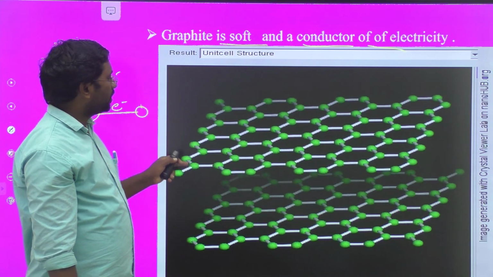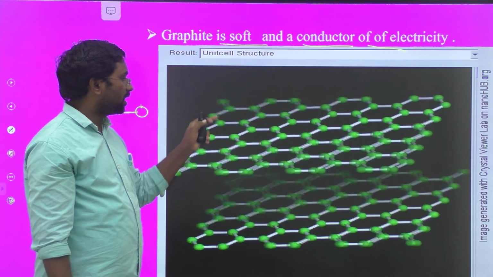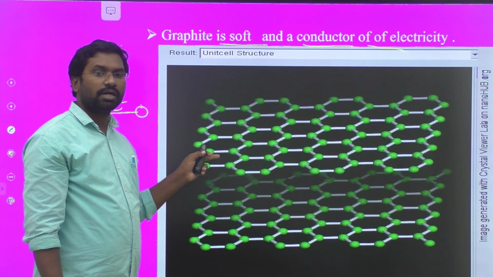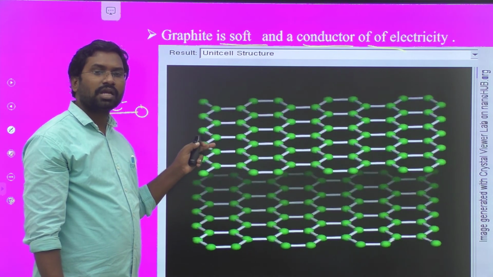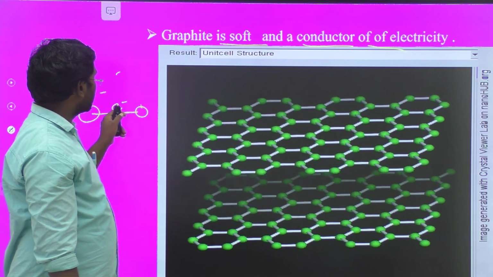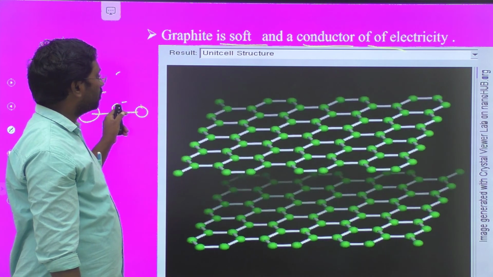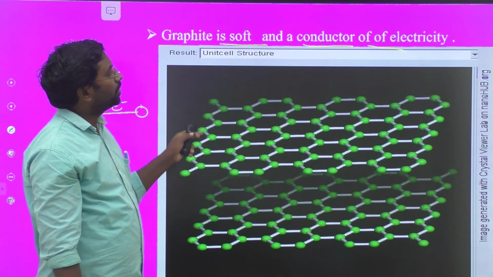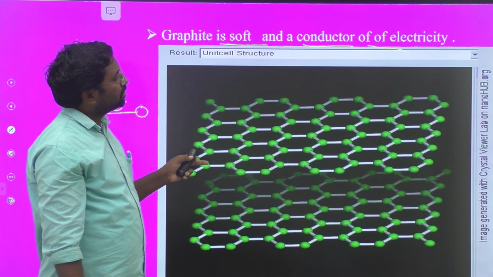So in the case of graphite, the particles are arranged as hexagonal rings. Each carbon atom is bonded with three neighboring atoms, and the fourth valency electron of each atom is present between the two atoms like this. This free electron moves through the entire crystal, and this is attributed to the electricity.